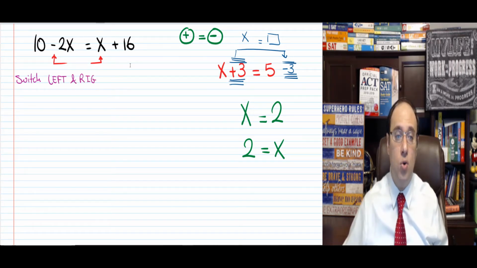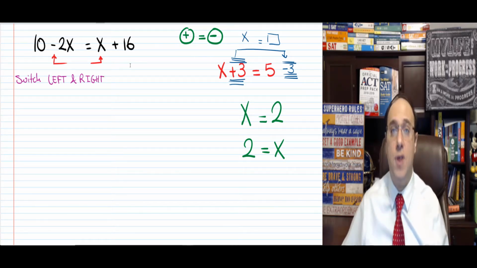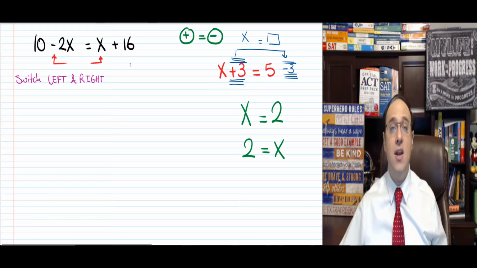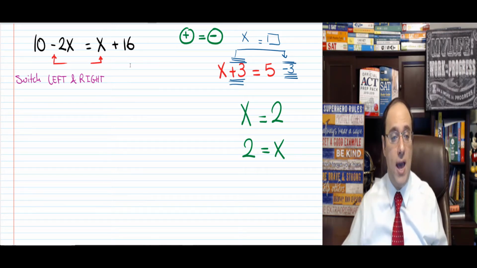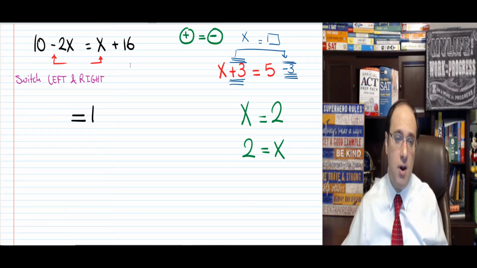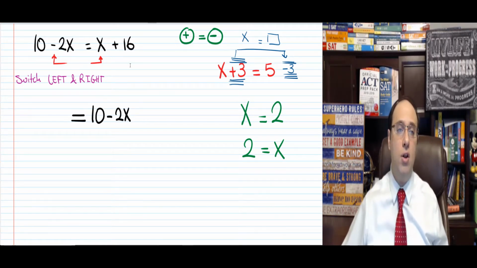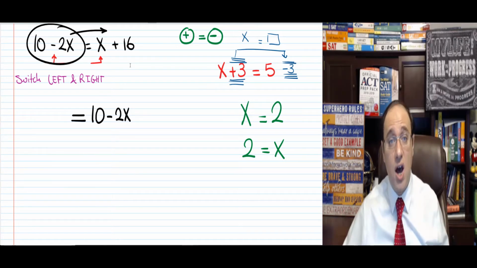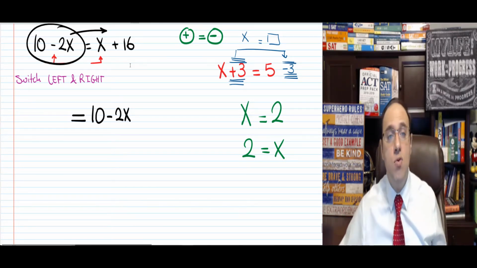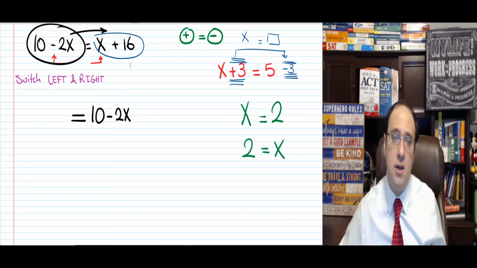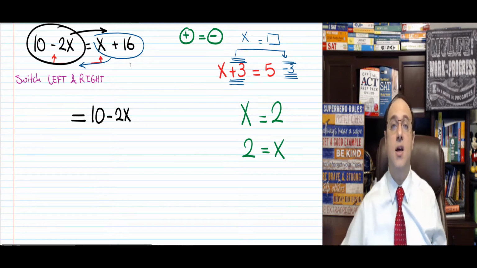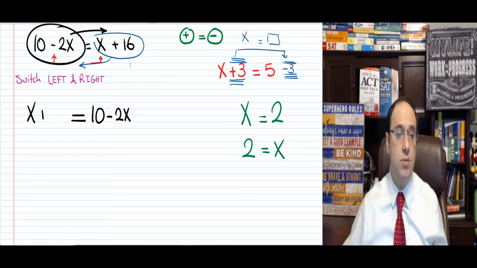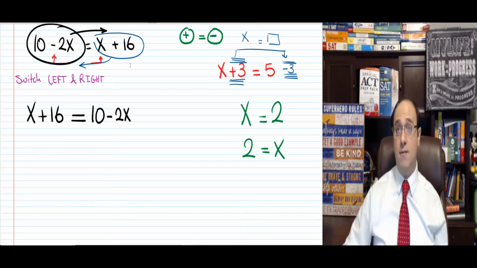Remember, this only works if you switch everything on the left and everything on the right. So instead of 10 minus 2x equals, I'm going to keep it equals 10 minus 2x. I moved all of 10 minus 2x to the other side. At the same time, you have to move everything on the right and bring it to the left. So x plus 16 moves to the left.